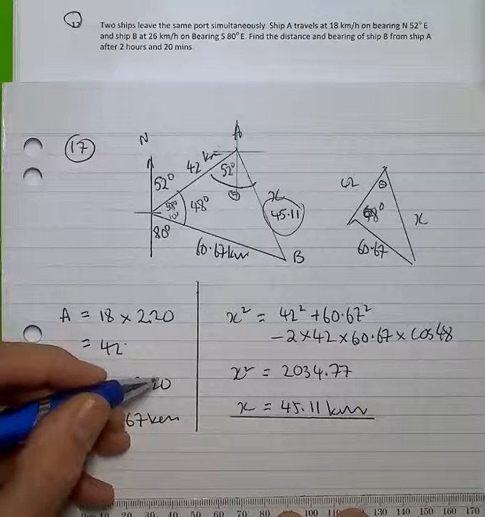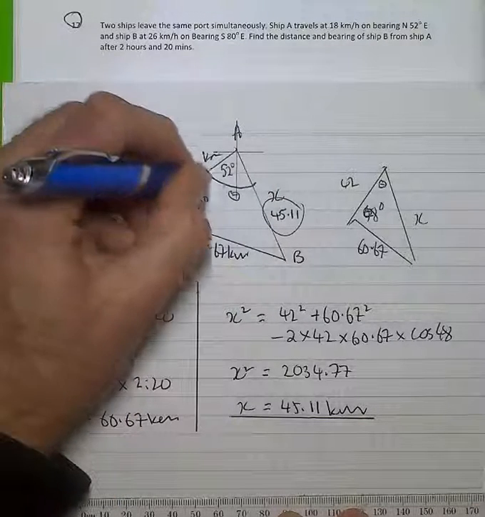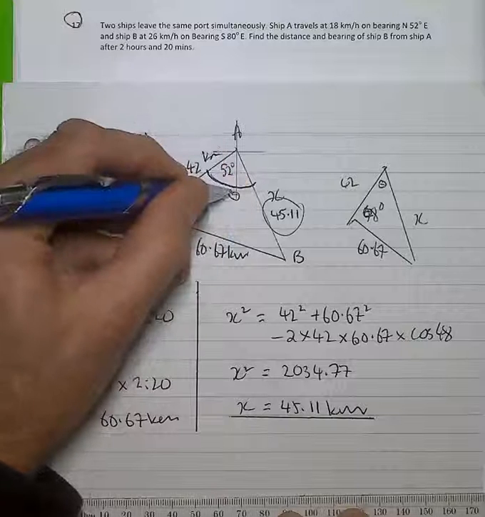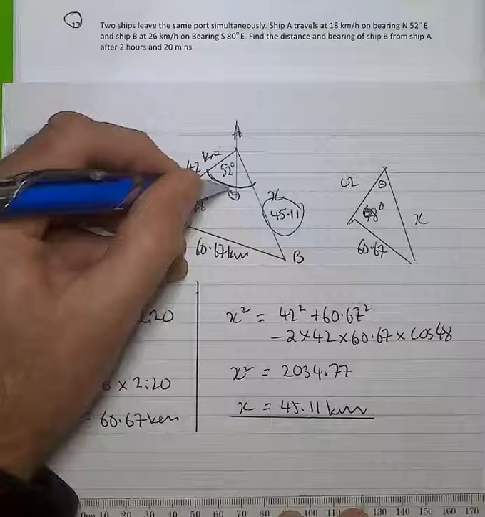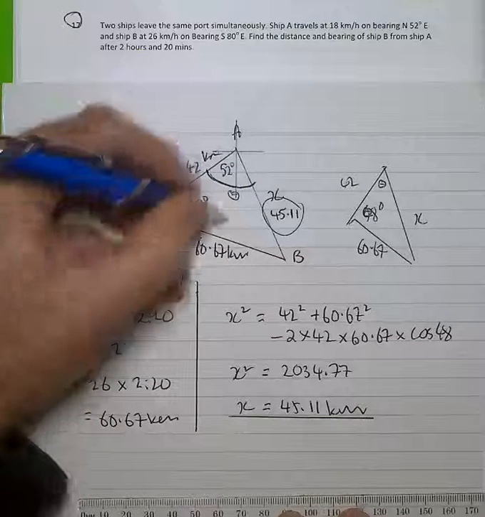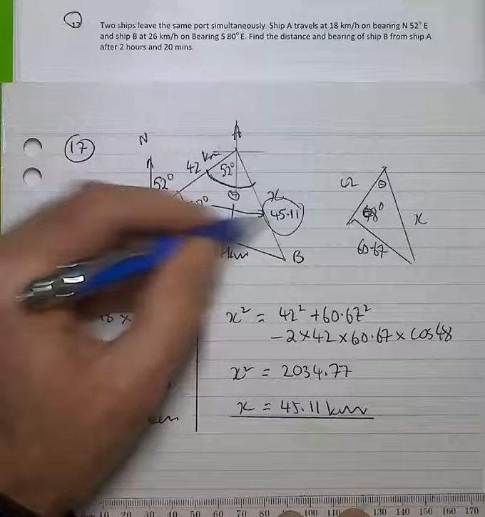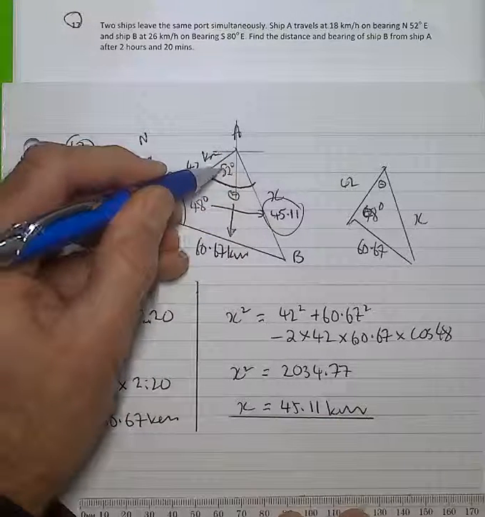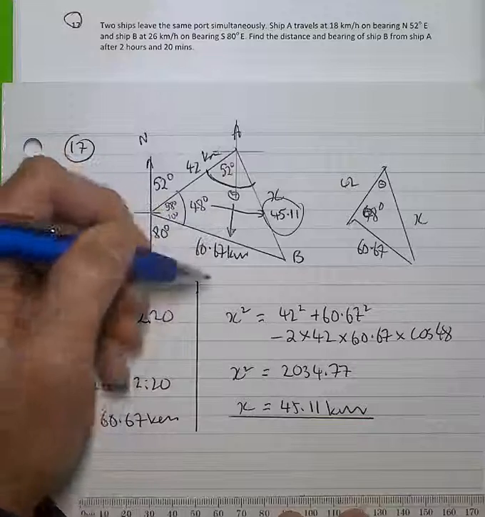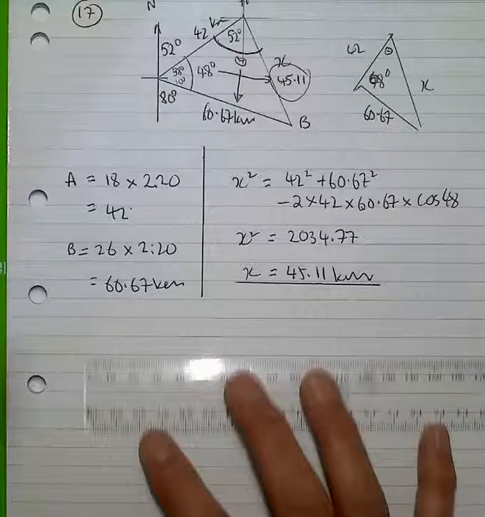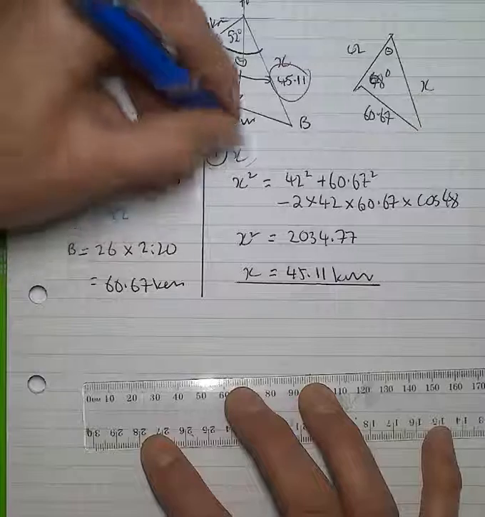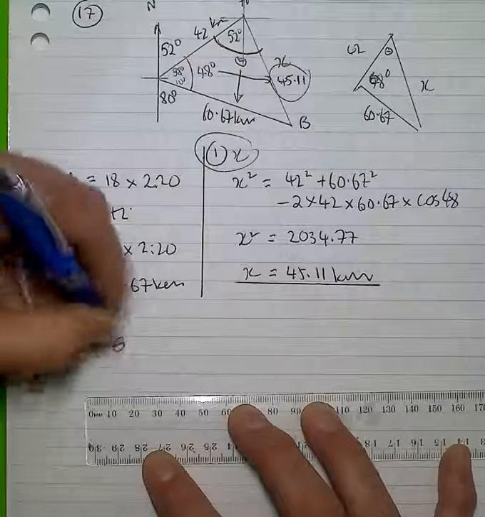Now, in this instance, I've actually got a little bit of a choice. I could use the cos rule in order to find theta. I tend to favour the sine rule. So I've got a pairing of the 48 degrees with the 45.11 and the 52 degrees with the 60.67. So 1, I found x. 2, I'm going to find theta.